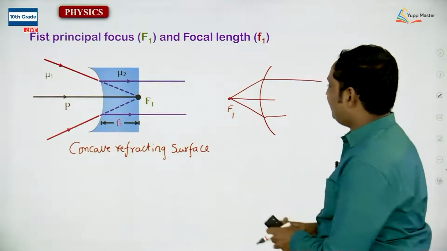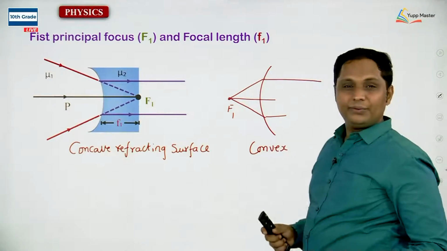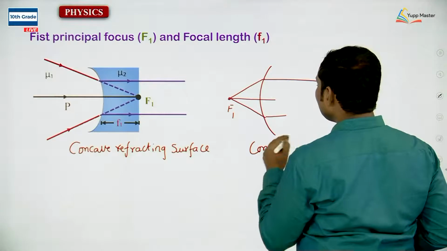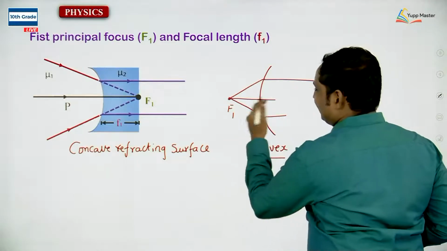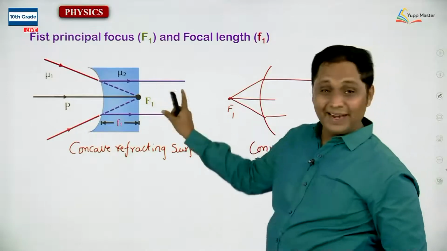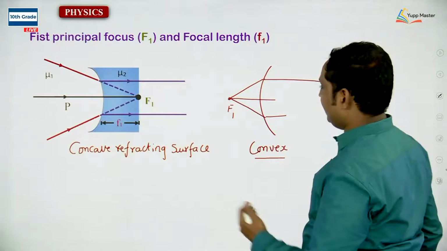F1, this is for convex. It is in front of that surface. This is behind the curved refracting surface. Very clear.